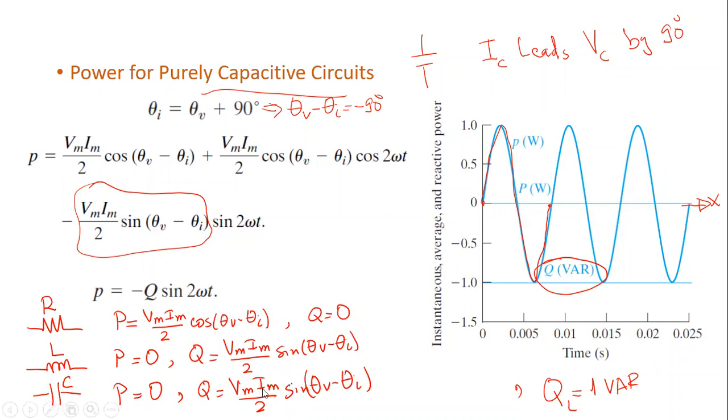So it will be negative V maximum I maximum over 2. So this is what you need to know from the previous 3 slides. The previous 3 slides had the derivation and the proof of why they are like this, but this is actually what you need to know as an electrical engineer. So this is the summary.